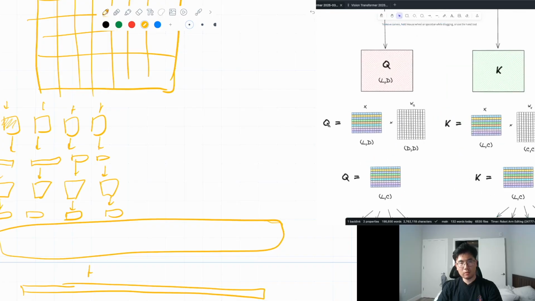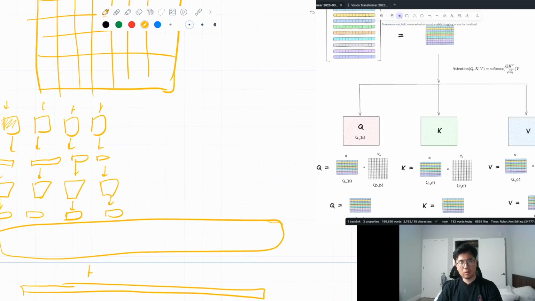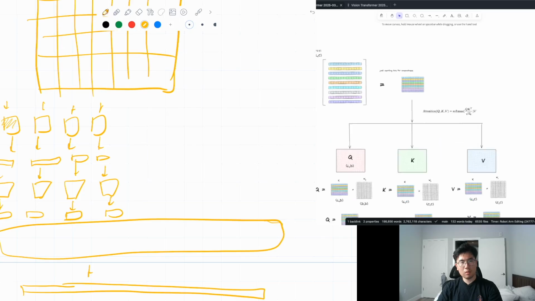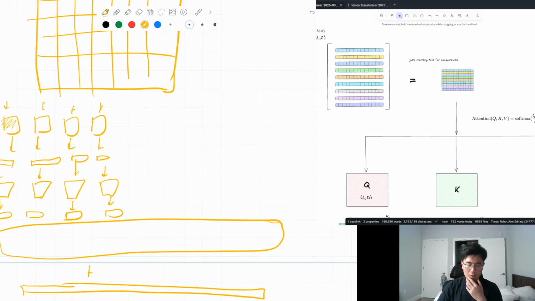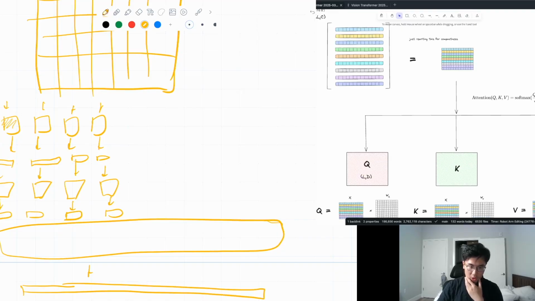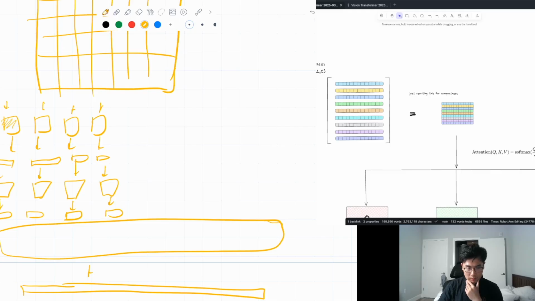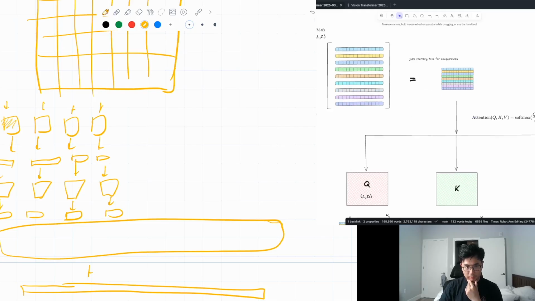Because here, you do multi-head attention. So here it's sequence length by channel size.